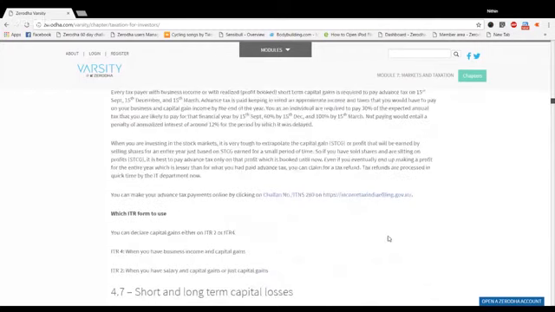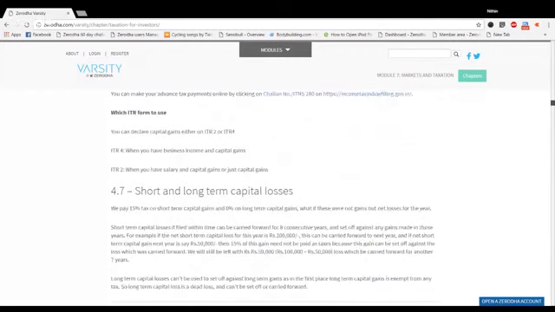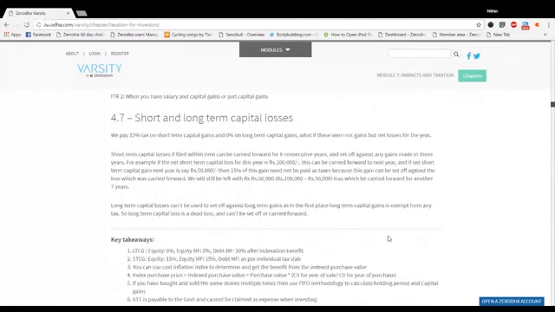Another important concept is about losses. When you make a loss, it's important that you declare it, because you can carry forward a loss and set it off against future gains. A lot of my friends who invest or trade, or even my father who used to invest, think that when there's a loss, you just forget about it, there's no tax to pay.